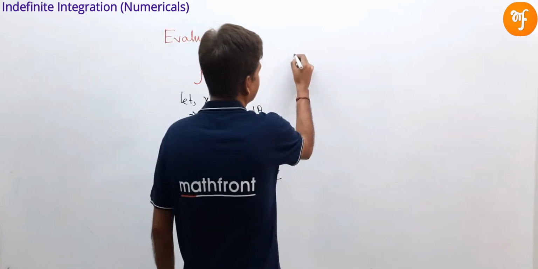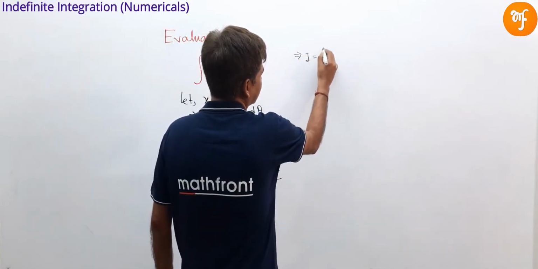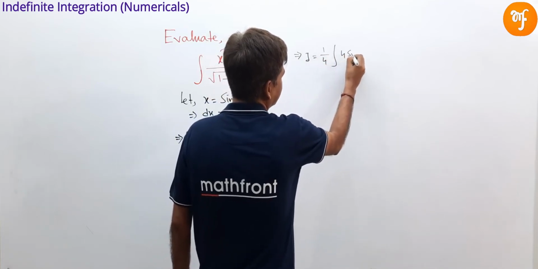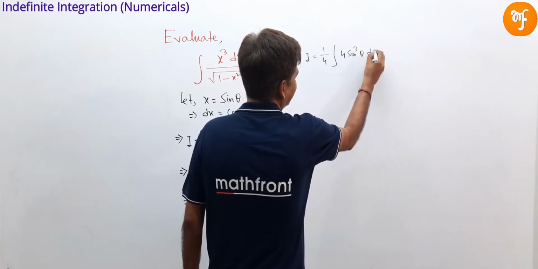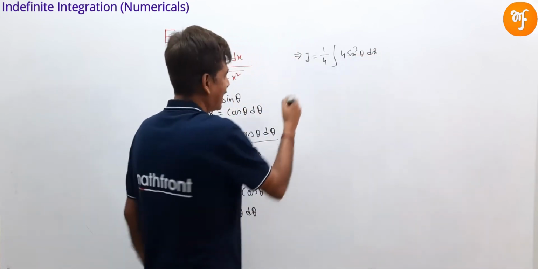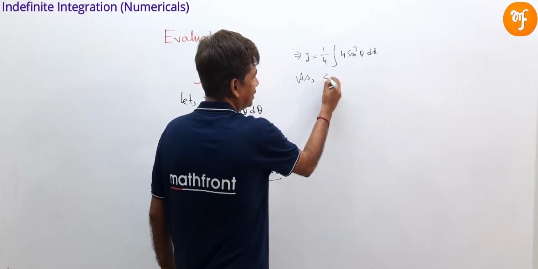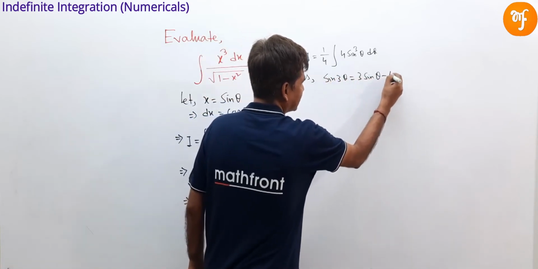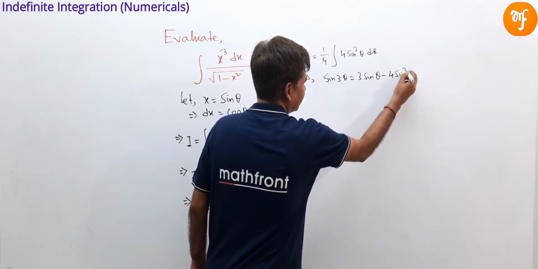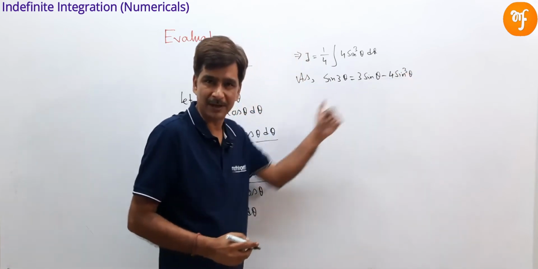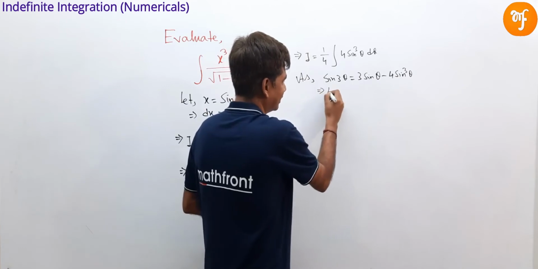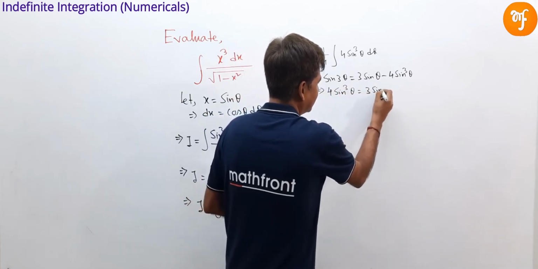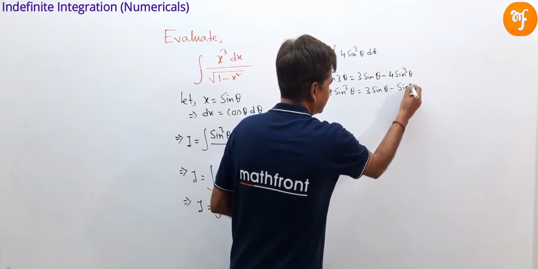So, in the next step, I can be written as 1 upon 4 integration of 4 sin cube theta d theta. As sin 3 theta has the formula 3 sin theta minus 4 sin cube theta, definitely 4 sin cube theta can be written as 3 sin theta minus sin 3 theta.